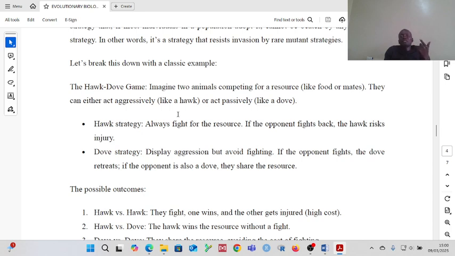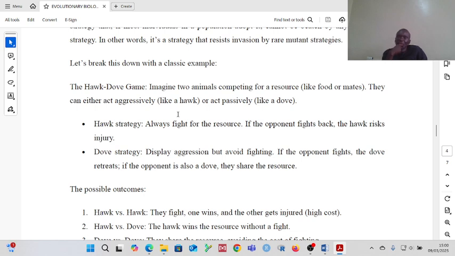Either the hawk strategy, which is an act of aggressiveness, you always fight for the resource. Okay. So if your strategy is that you always want to fight for the resource, the question is now, if the opponent, the one you are competing with for that resource, fights back, then the hawk risks injury.